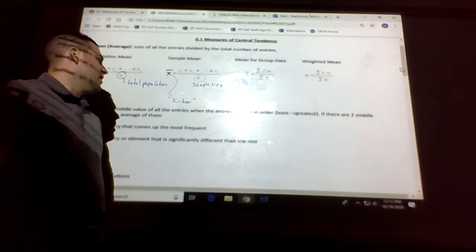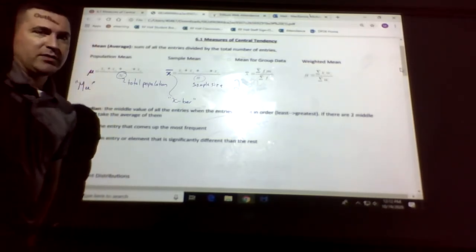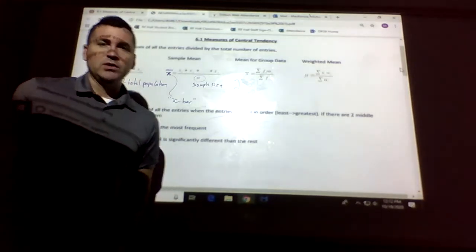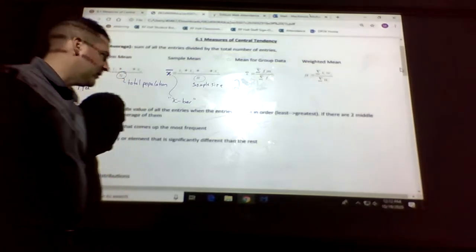Okay, outlier. This is something you learn in grade 9, 10, 11, and after; in chapter 7, which I don't think we'll get to, there is actually a formula to calculate whether something is an outlier. So this is something that's different from the rest.